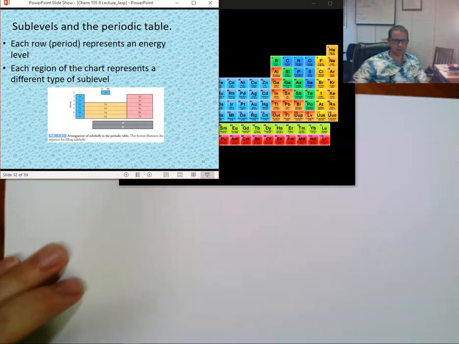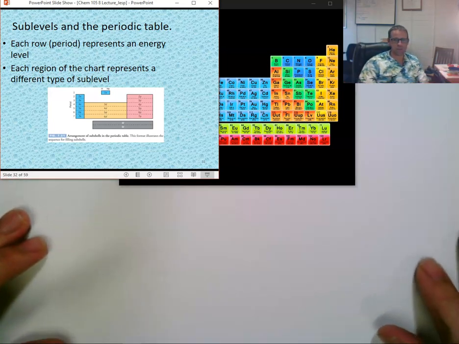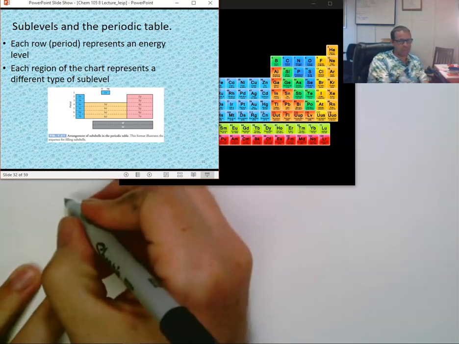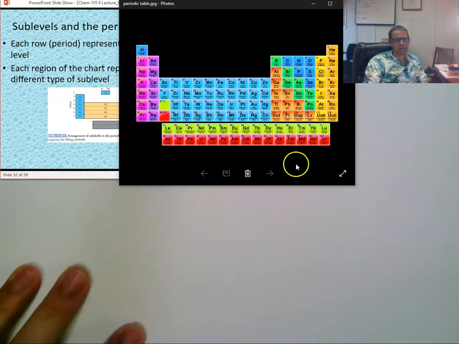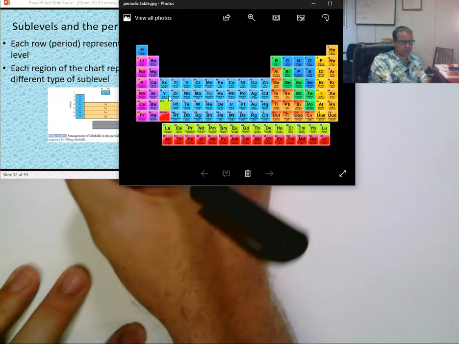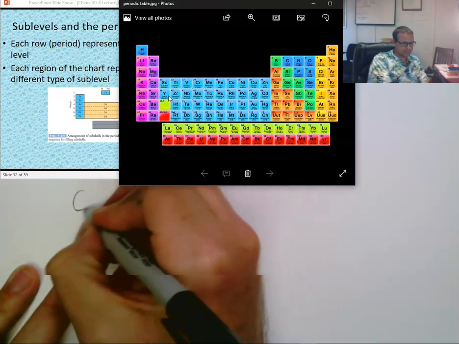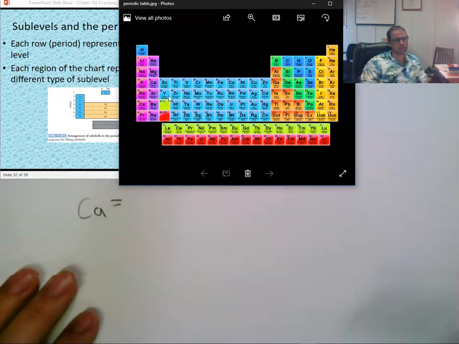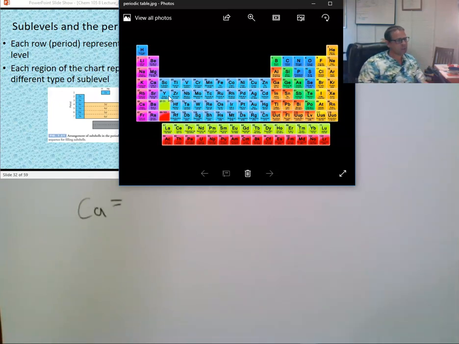Okay, so let's also introduce something. I'm sure you guys have heard this term before. If I take an element like calcium, and I write the electron configuration for calcium, I want you guys to go and do this.